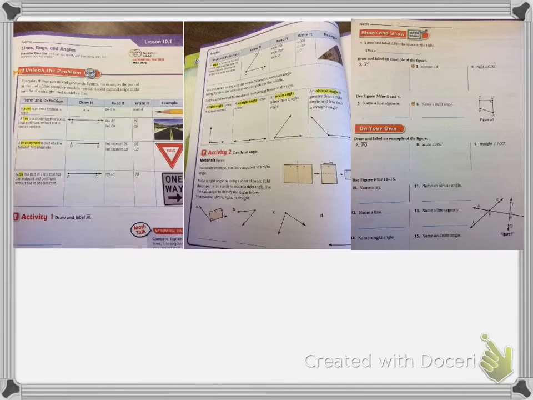It says to draw and label an example of the figures, and if you look at the symbol right above your two letters, we've got number 2 here, X, Y, and you can see that above that there is the symbol for a line. I know that it's a symbol for a line because it has an arrow on each end of it.